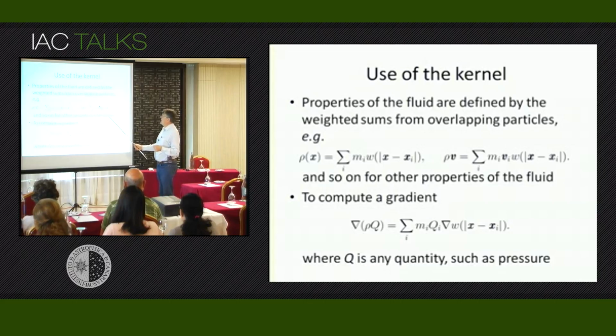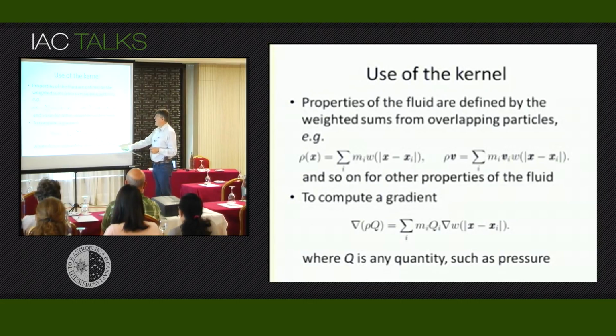So you form a weighted sum of all the different particles contributing to the density. If you want to define the velocity, you do the same kind of thing. You weight the velocity by the value of this kernel function, to define a density-weighted velocity at that particular point in the fluid. And you can do that for pressure or anything else you want.